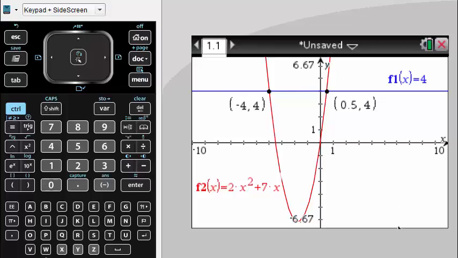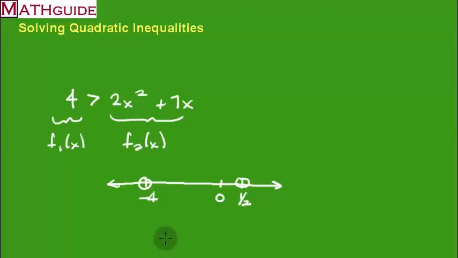So let's go back to our number line. Returning to our number line, that means we're going to shade all of this in between the two critical values. I'm going to shade all of this material on the inside.